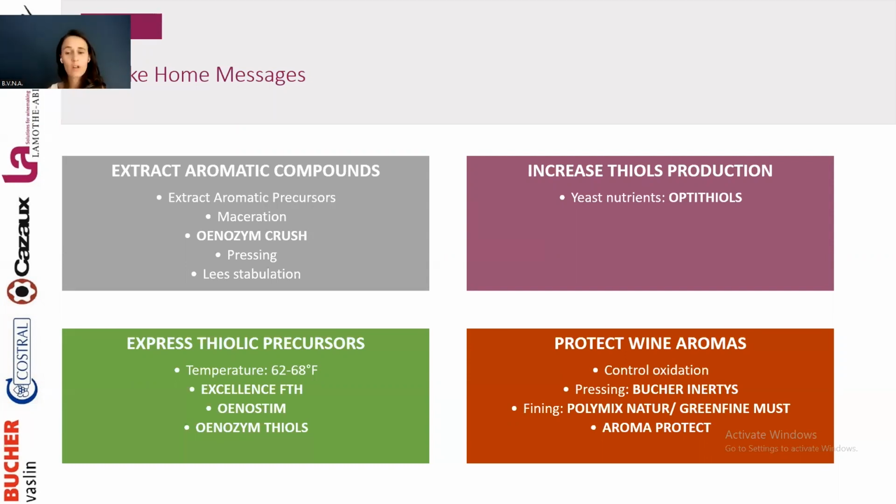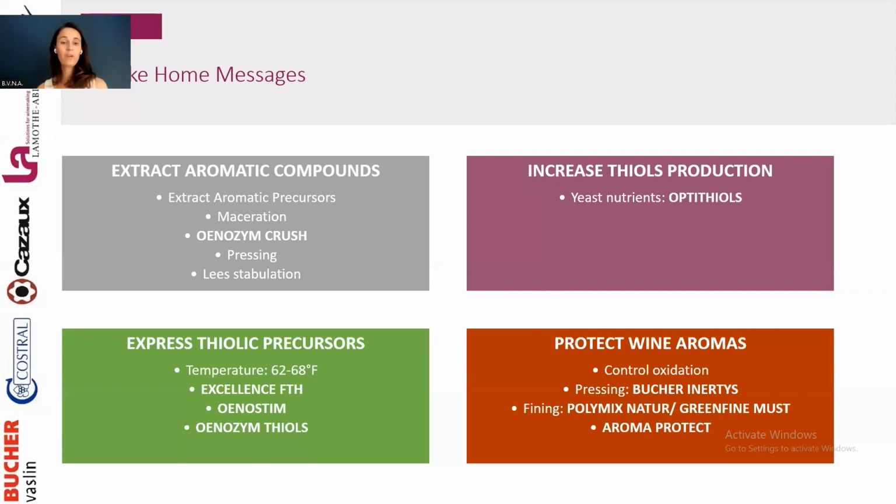The enzyme Crush is an enzyme that has a very strong impact without the risk of oxidation and without too much phenolic compound extracted. Then you can boost and increase the level of thiol precursors in the wine, to give more precursors to the yeast, using Optithiol. It also will give you an antioxidant protection.